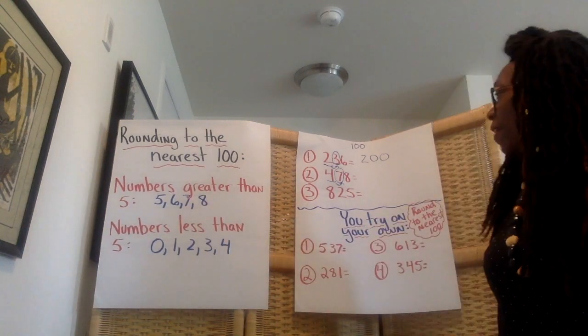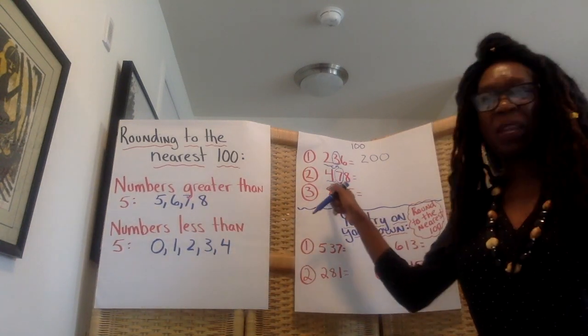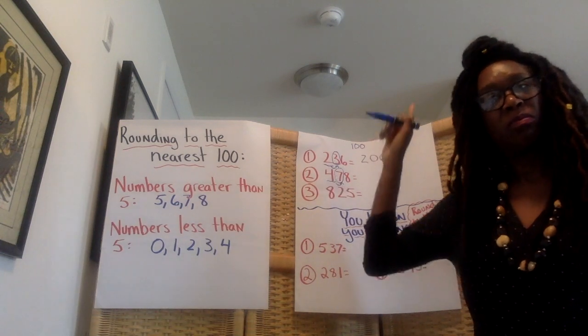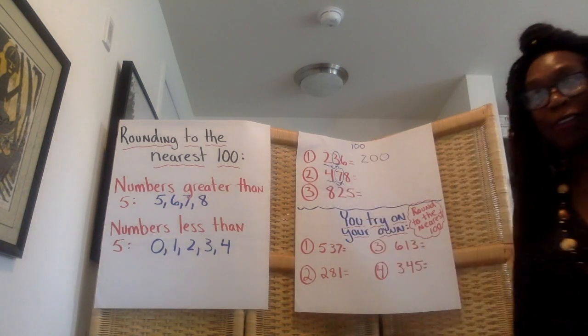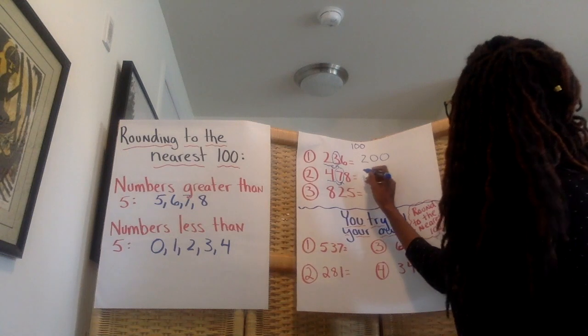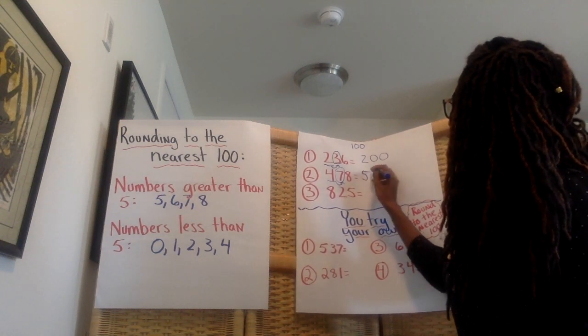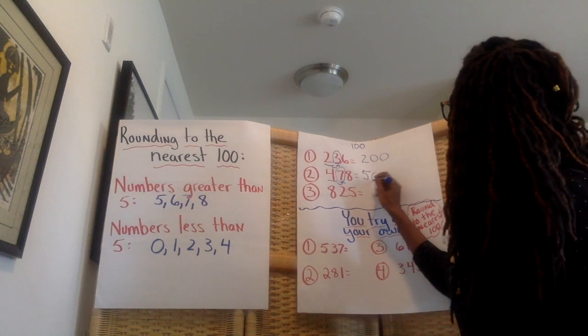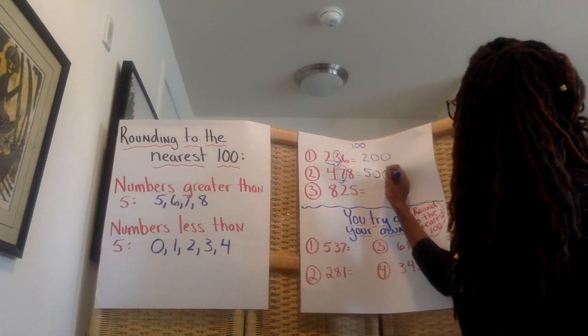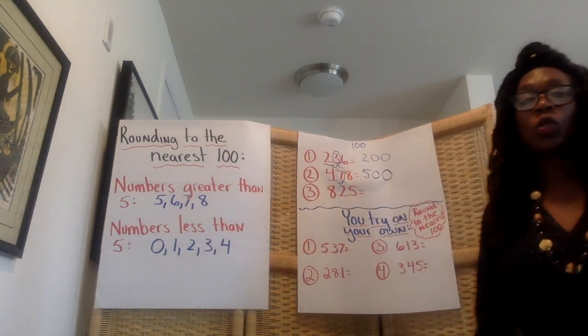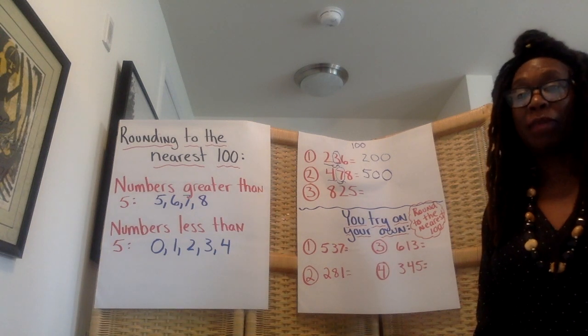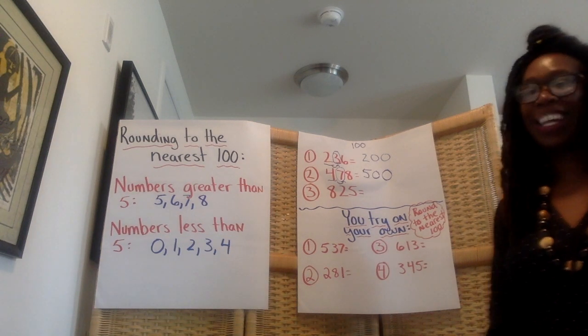It's greater than 5. So do I keep it the same or do I round up? For this one, I have to round up. So now the 4 becomes a 5. 500. Don't get this confused with rounding to the nearest 10. Okay? Good job, guys.